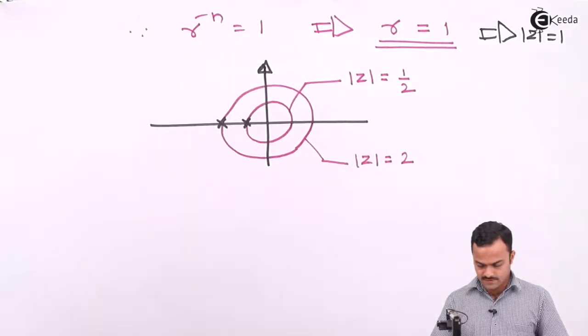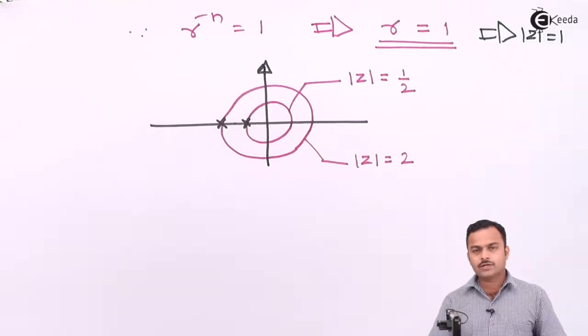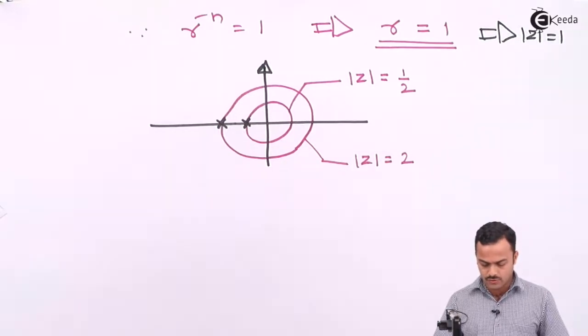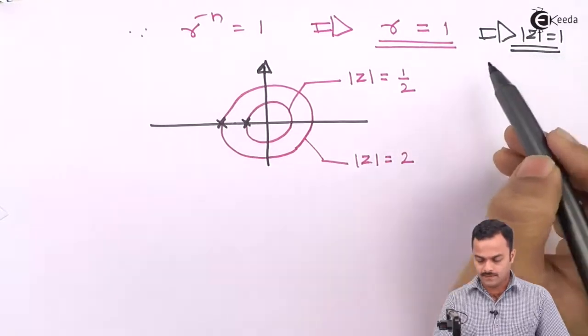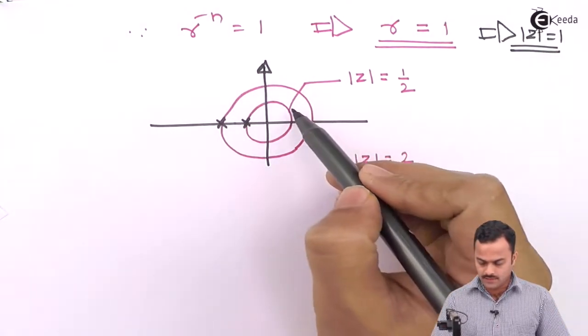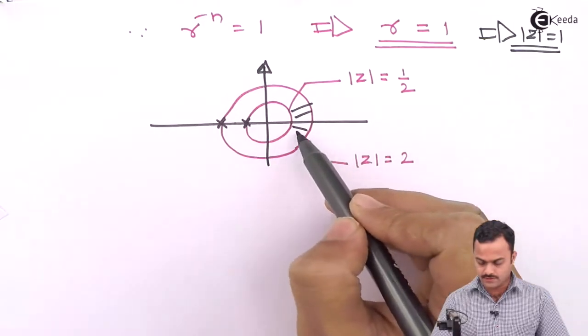Somewhere here I will have mod z equal to 1. So I need to make sure that my ROC includes this unit circle. For that to happen, the ROC must be like this.